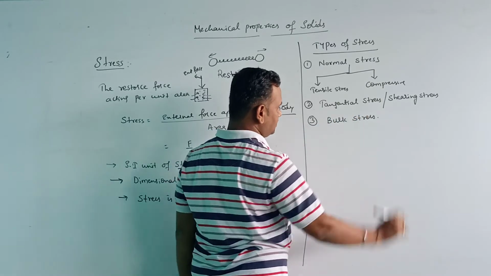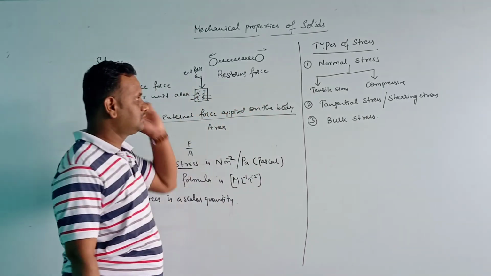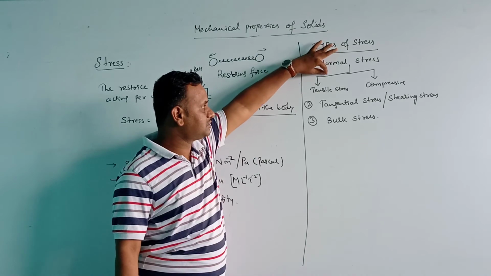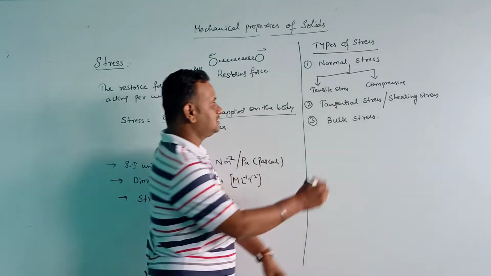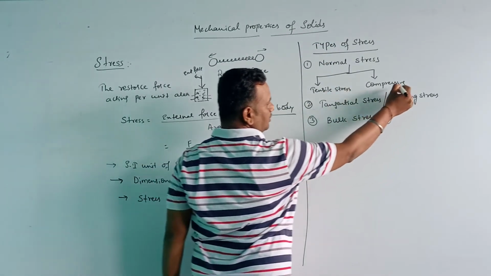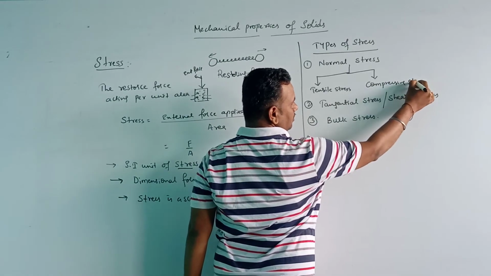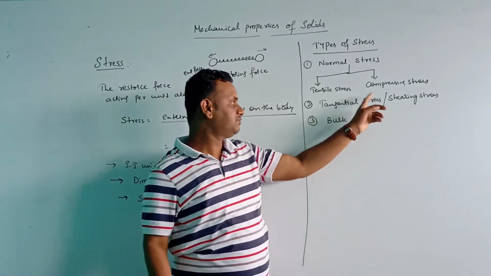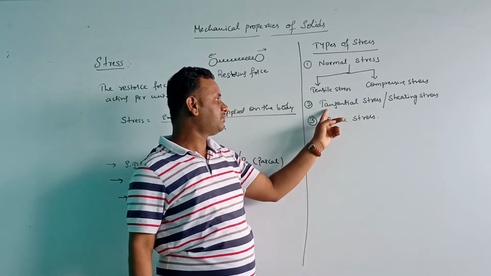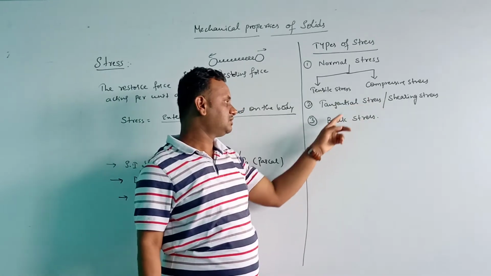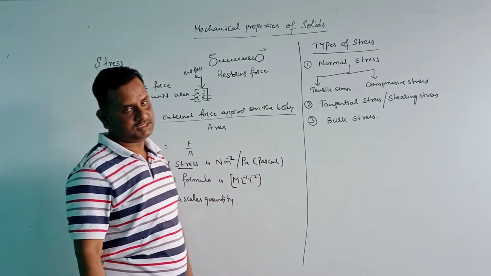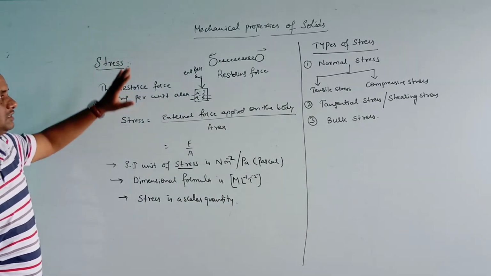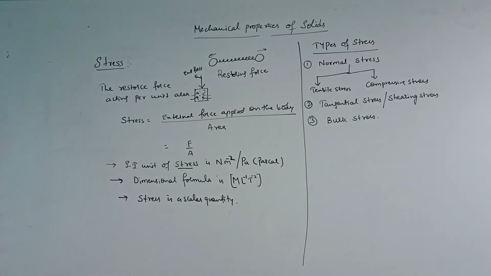So these are the types of stress: normal stress with tensile and compressive stress, tangential stress, and bulk stress. So this is the stress and the types of stress.